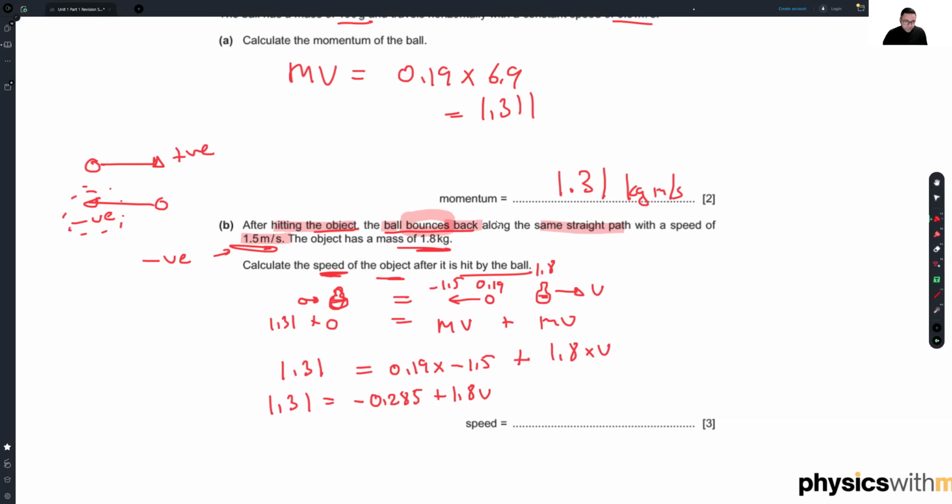So 1.31 plus 0.285, because I'll move this to the other side, gives me 1.595 divided by 1.8. This goes to the other side of the plus, then 1.8 goes to the other side by dividing it. And so divide that by 1.8 leaves us with 0.886 meters per second. Okay? You are not doing badly. The numbers just are weird in this question.